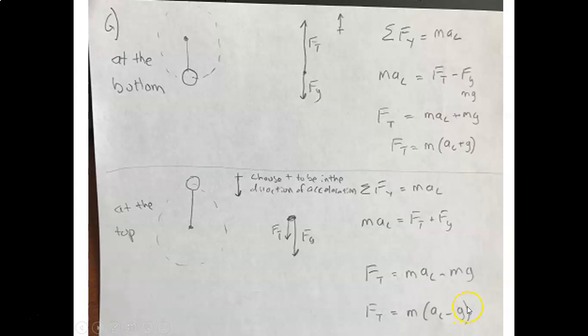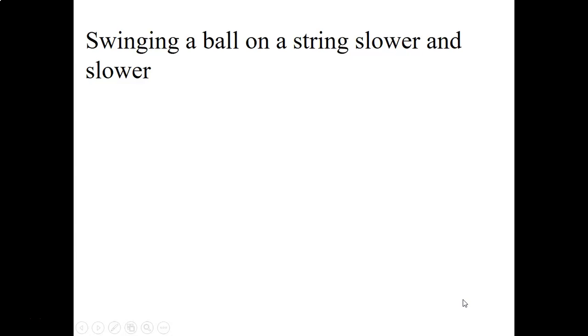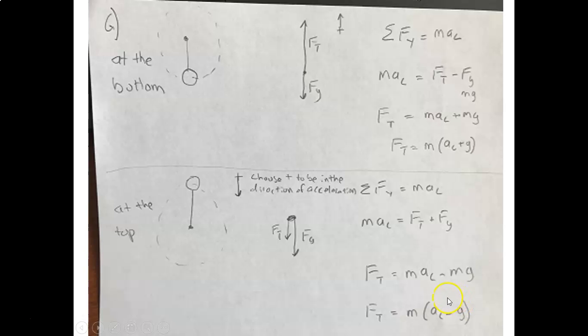So that is how you do it at the top and the bottom of the swing of a circle. Now, if you were to swing this slower and slower, eventually this a sub c is going to be less than gravity. The slowest you can swing it around and have tension in the string is when the centripetal acceleration is equal to gravity, when it's at the top.